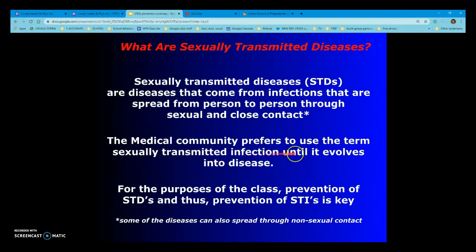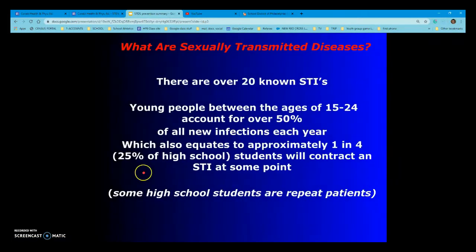The medical community really uses the term sexually transmitted infection because it's an infection before it evolves into an incurable disease. If you have chlamydia or gonorrhea, it can be easily treated, but it doesn't necessarily cause a disease in the body that you have long term.